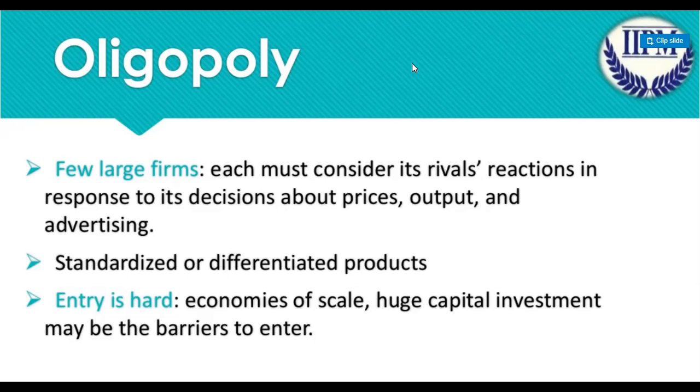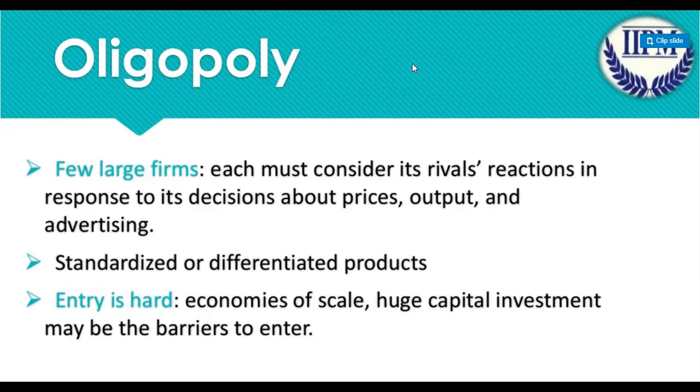Now we will discuss the features of oligopoly. First, few firms: under oligopoly there are few firms, and the exact number of firms is not defined. Each firm produces a significant portion of the total output.